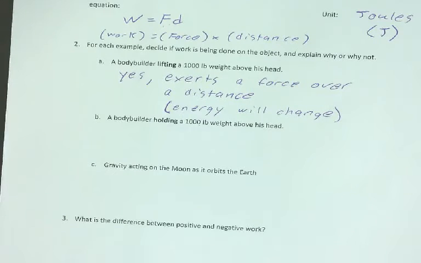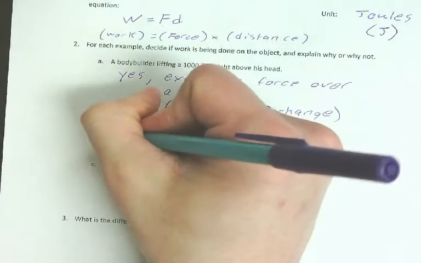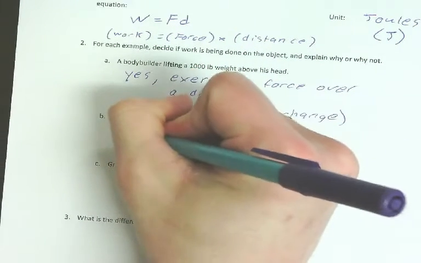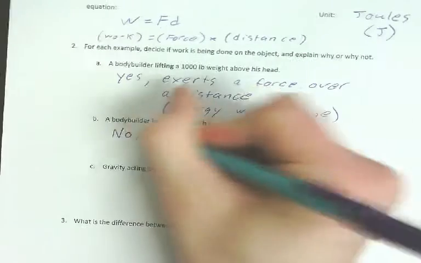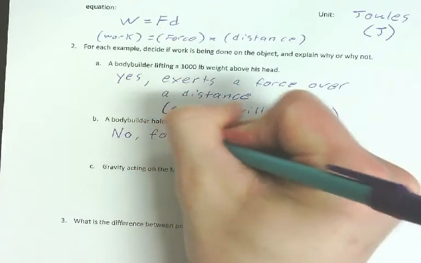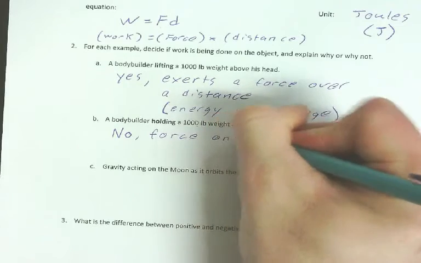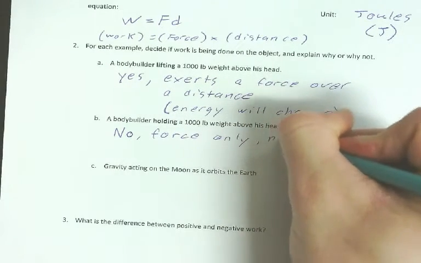Barbara, what about B? Do you think the bodybuilder holding 1,000 pounds will exert work? Okay, no, you are correct. It does not. Why do you think it doesn't? Force only, no distance.